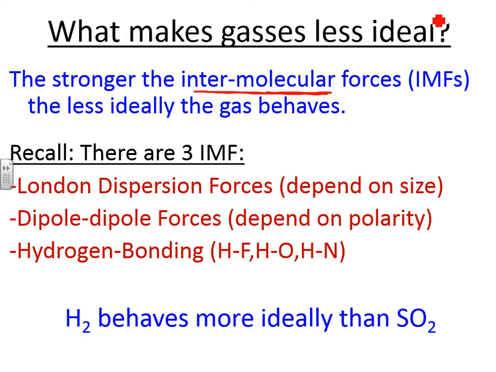They are really important. Intermolecular forces actually apply to real gases, and so they make ideal gases behave like real gases. If you remember, there are three intermolecular forces. These are the London dispersion forces, and here it says that they depend on size. Remember, London dispersion forces are simply the forces of nonpolar molecules.